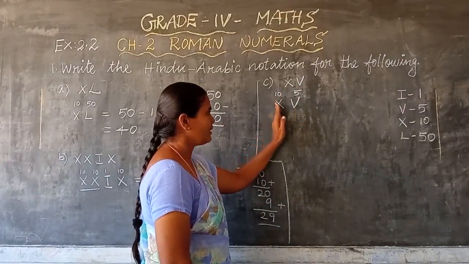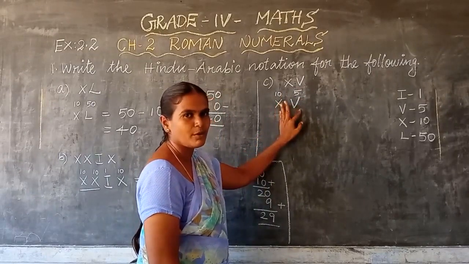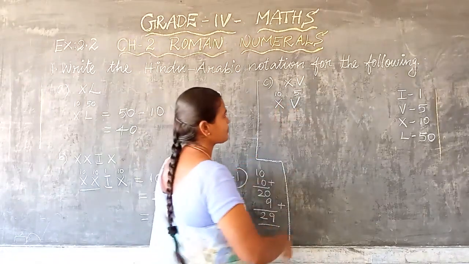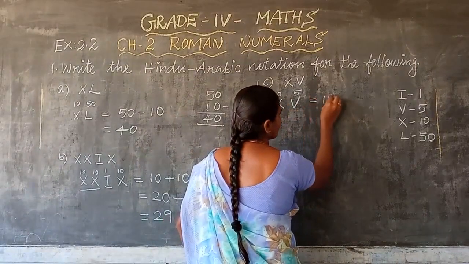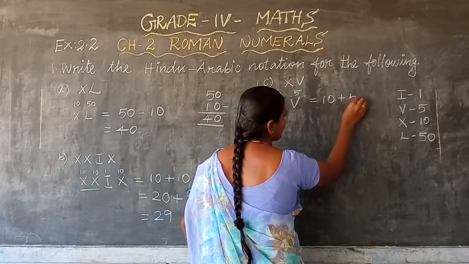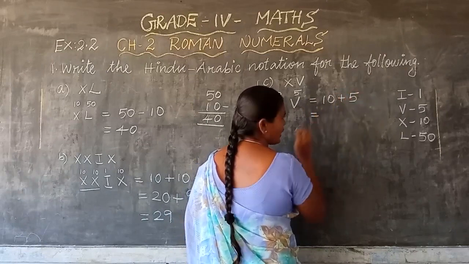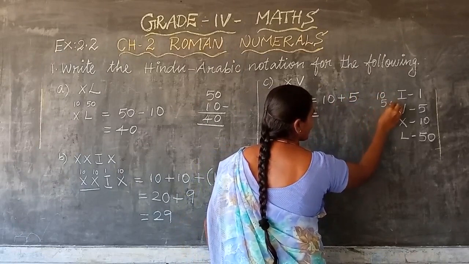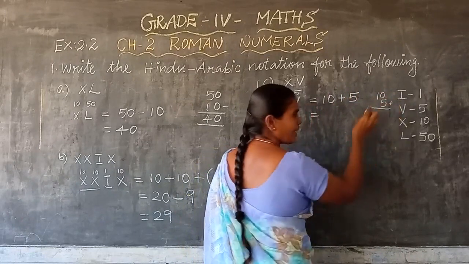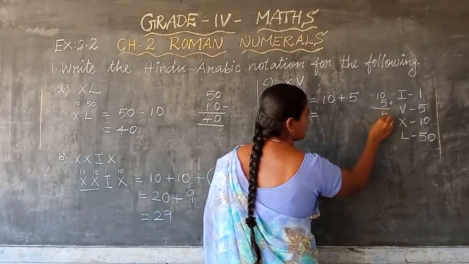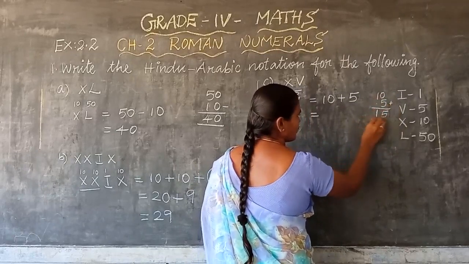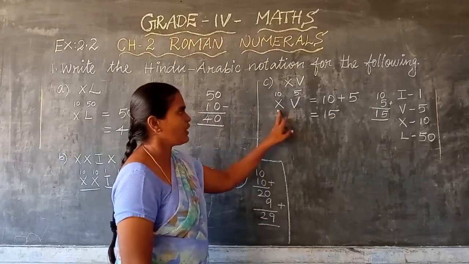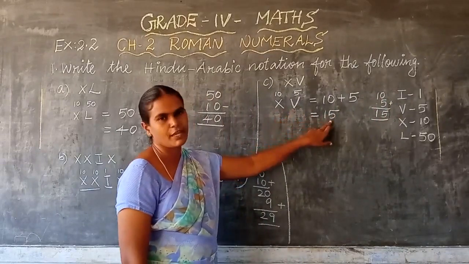So the greater number has the small number on the right side. Right side small number means addition. So 10 plus 5. Write the numbers: 0 plus 5 is 5, then 1. So 15. Value of XV is 15.